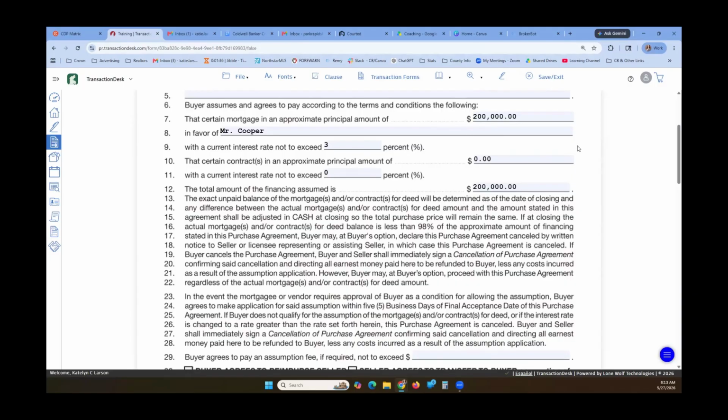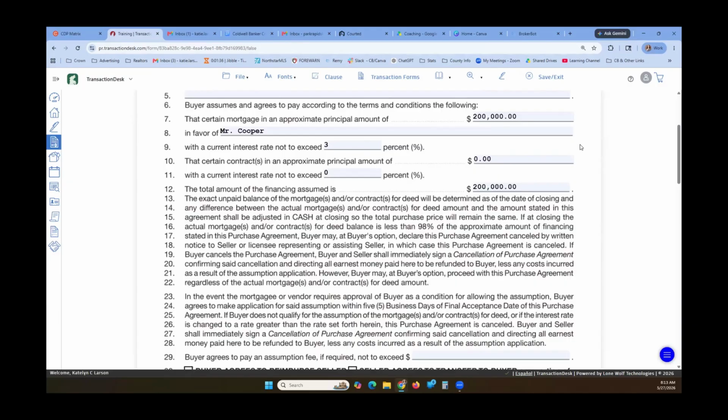Okay. And if it changes enough that your buyer has to bring a significant amount of cash to closing or has to get a mortgage for a significantly higher amount than what they originally thought, then they are able to cancel this purchase agreement and retain their earnest money.